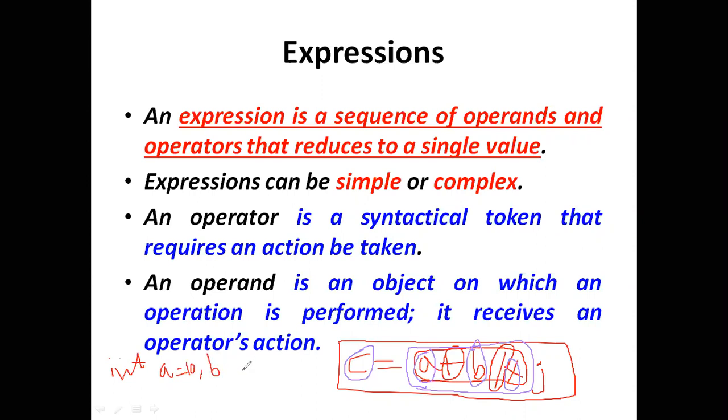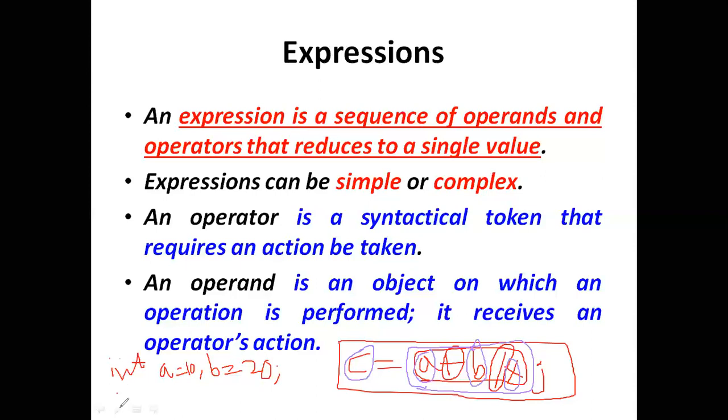Here I have declared a is equal to 10 and b is equal to 20. Here a and b are the operands, and the equal symbol is called an operator. 10 is stored inside a and 20 is stored inside b.